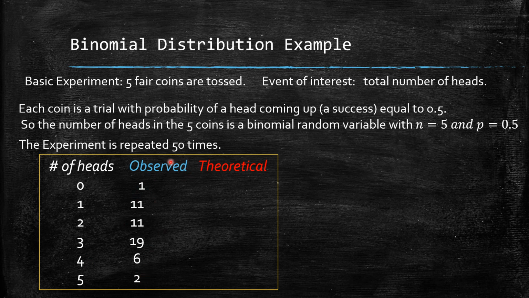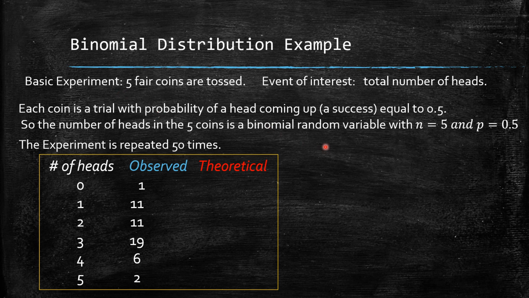So in each trial, out of 50 trials, this is the observed fact. Now if I want to fit it to a binomial distribution, that means how to find the theoretical frequencies. In the usual manner, it is not easy because the total sample space has 2 power 5 elements, correct? So it is not feasible.